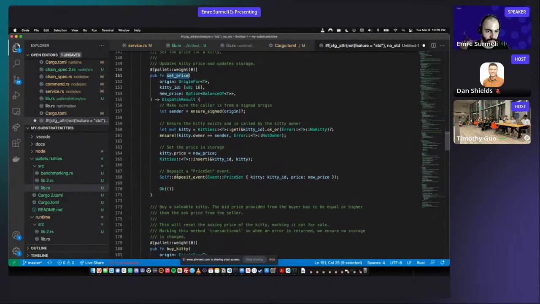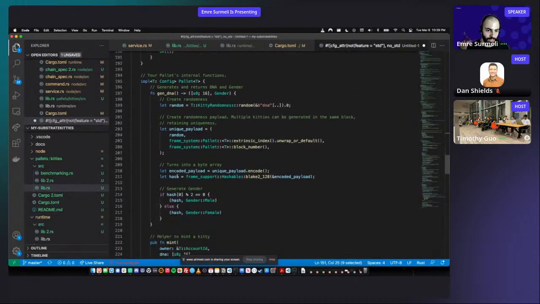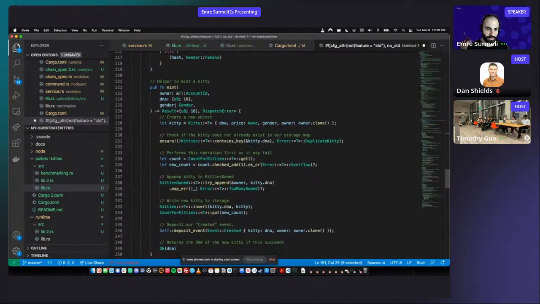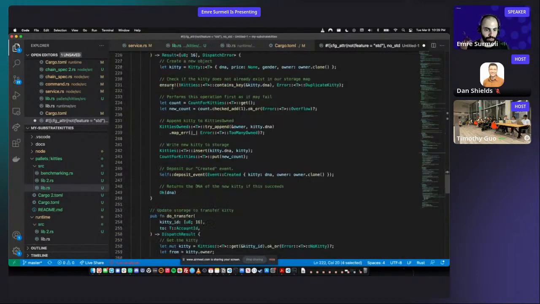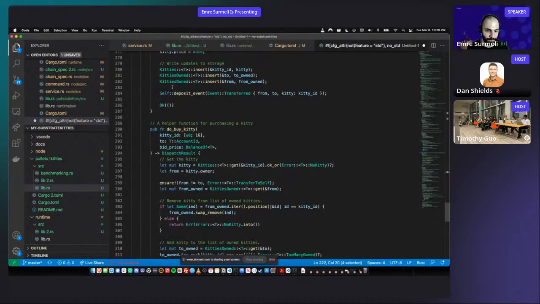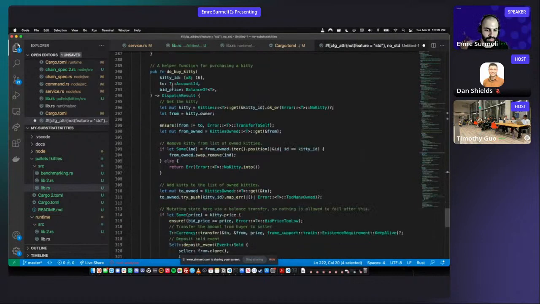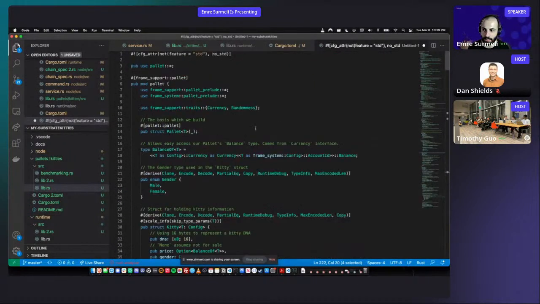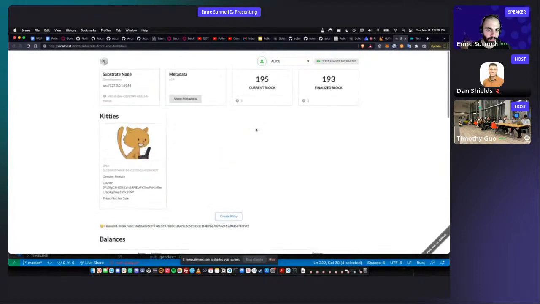So that's something that I called earlier. Essentially, all your business logic is in like mint kitty, so these are unique kitties, right? So all of your business logic is going to live in this pallet for this kitty functionality.